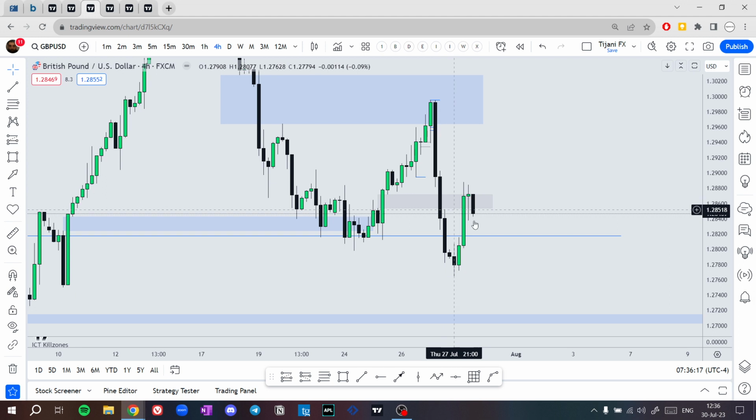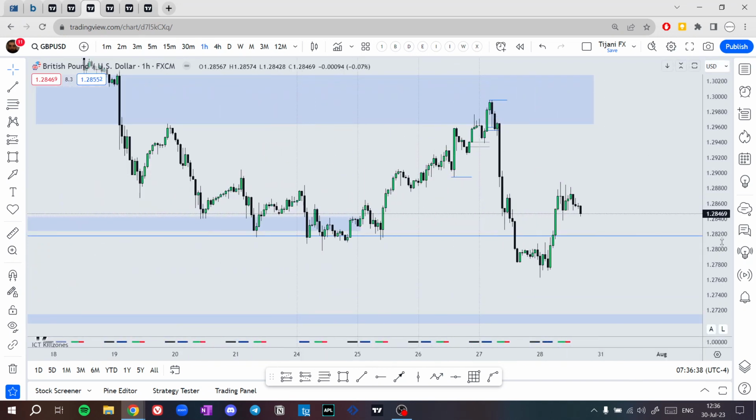We didn't have any confirmation that it is gonna reverse from this fair value gap higher. Price just went through it, dropped lower, taking the sell side liquidity below Monday's low, and making Tuesday the high of the week and also the low of the week.